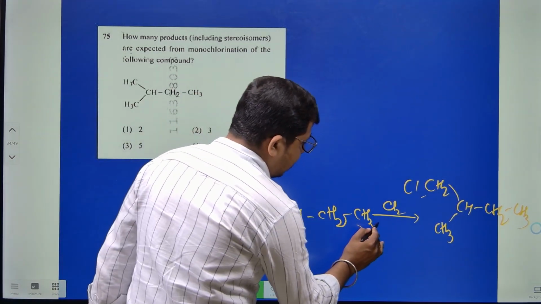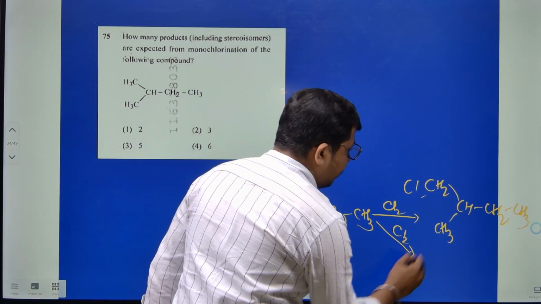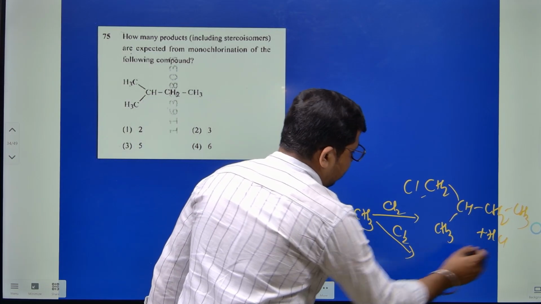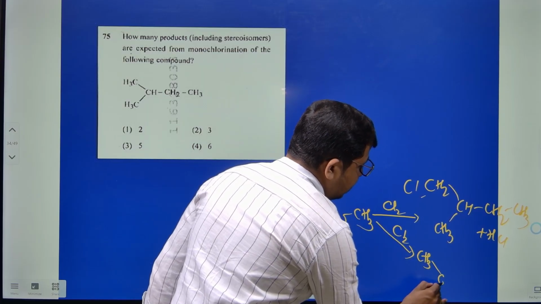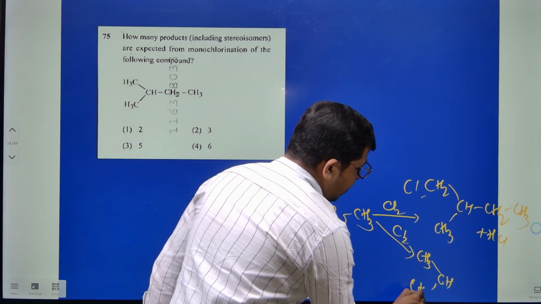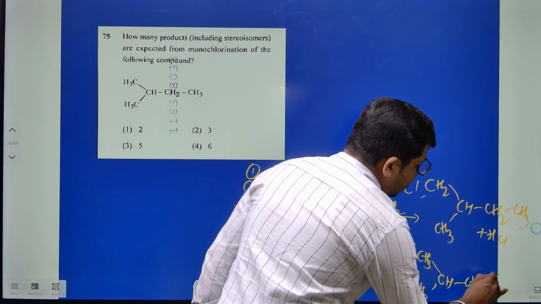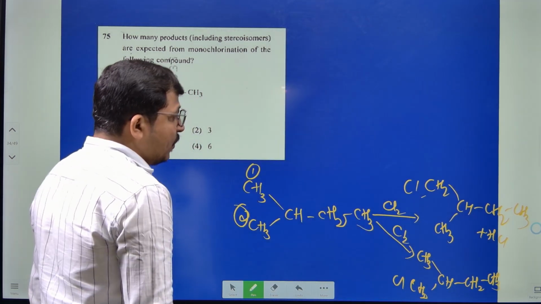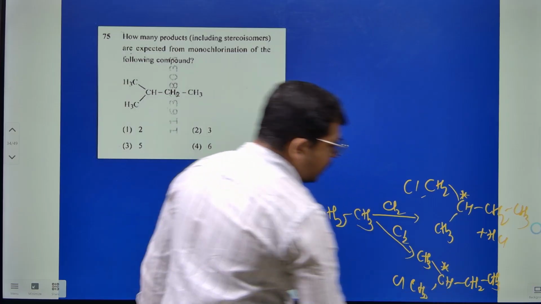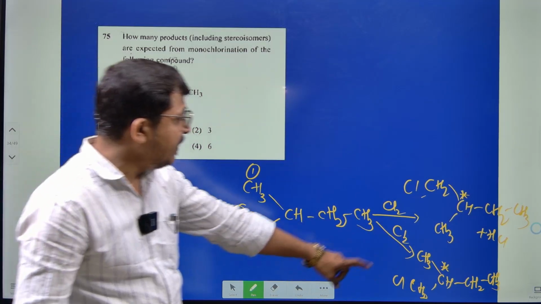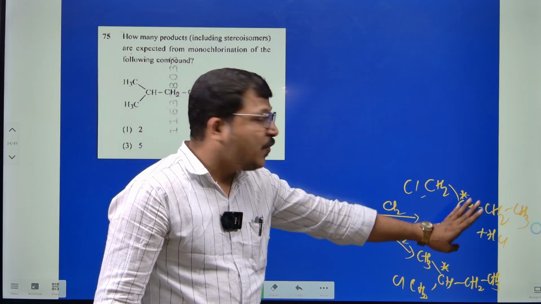Hence, I will write the second compound, where Cl2 plus HCl is eliminated, and here CH3 CHCl CH2CH3, right? So in this place, this acts as a chiral carbon because it shows stereoisomerism. Hence, the central carbon is attached to 4 different groups.